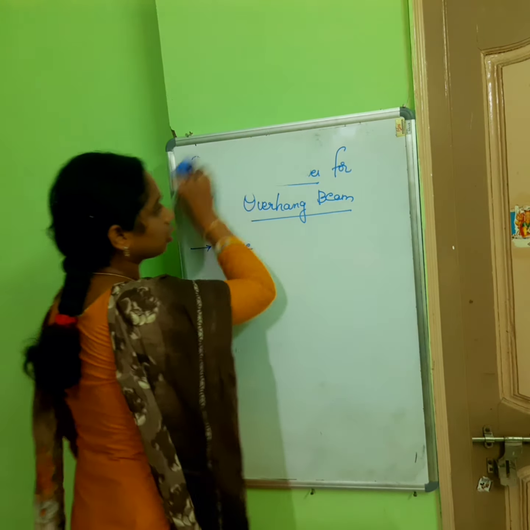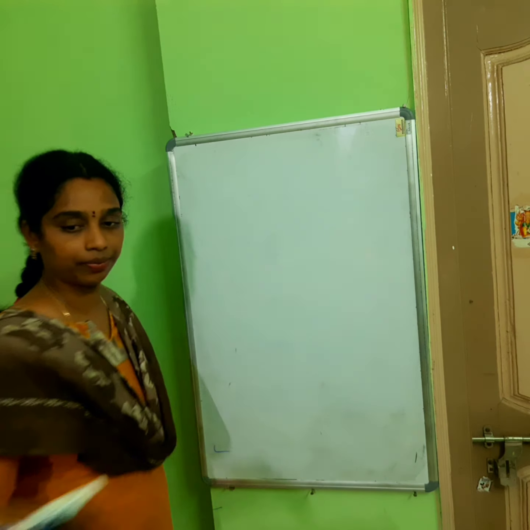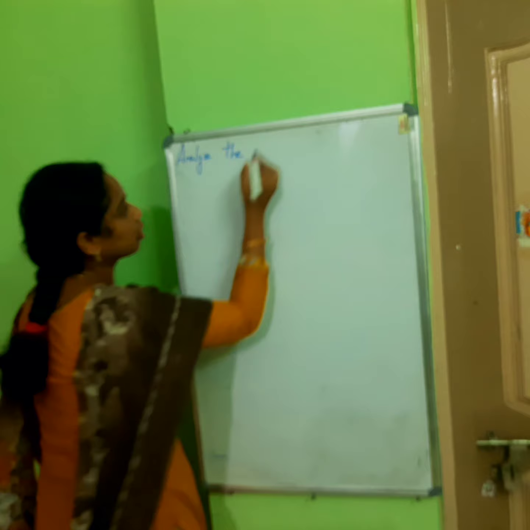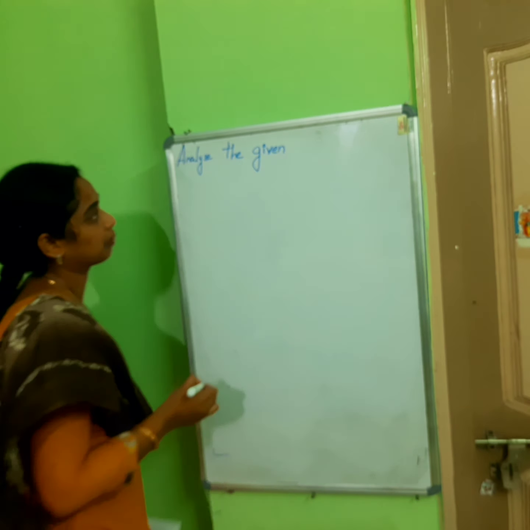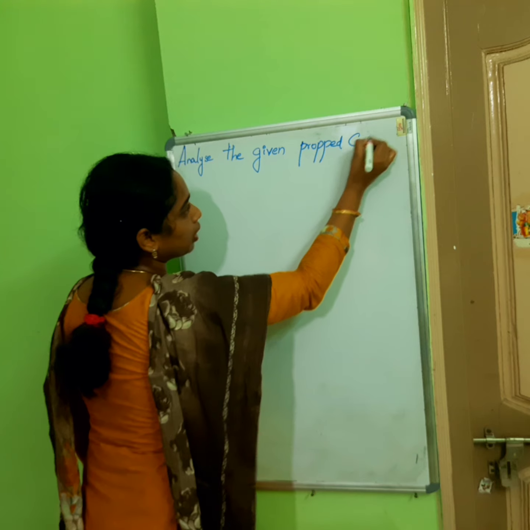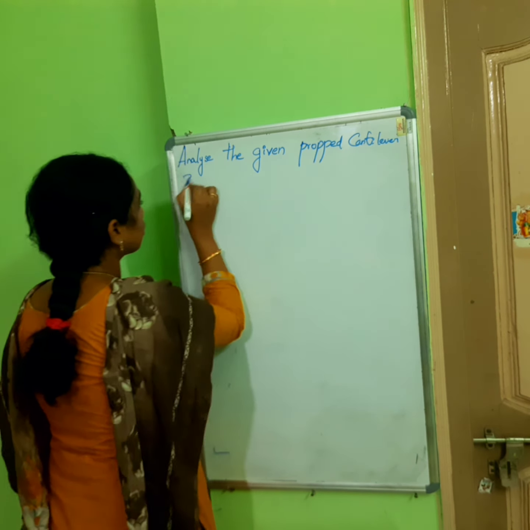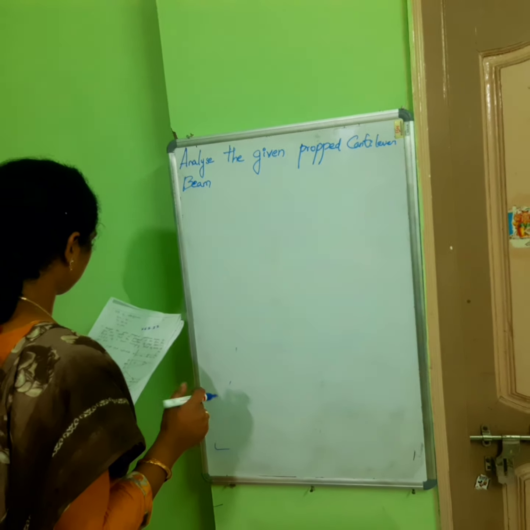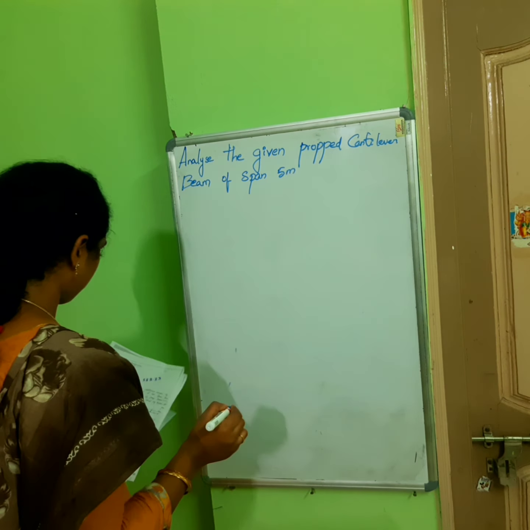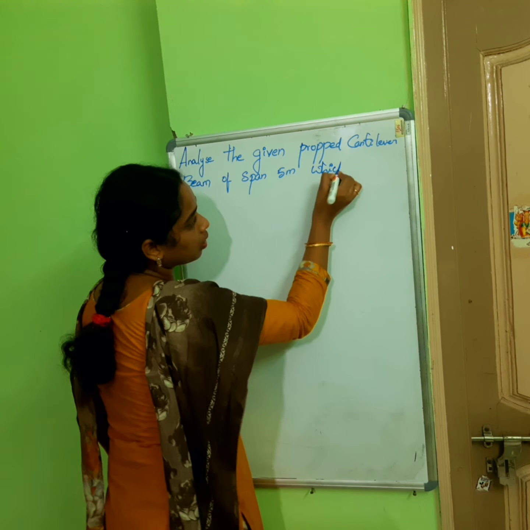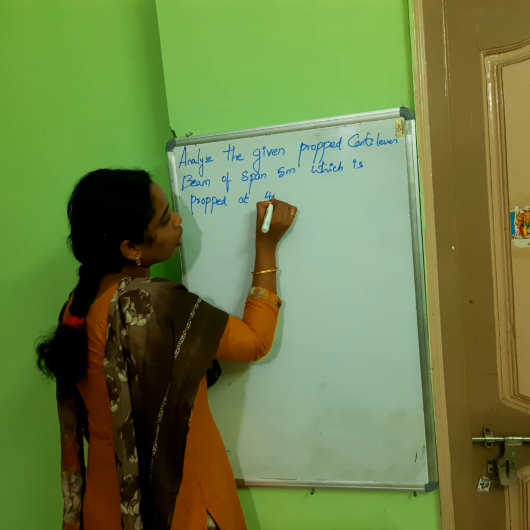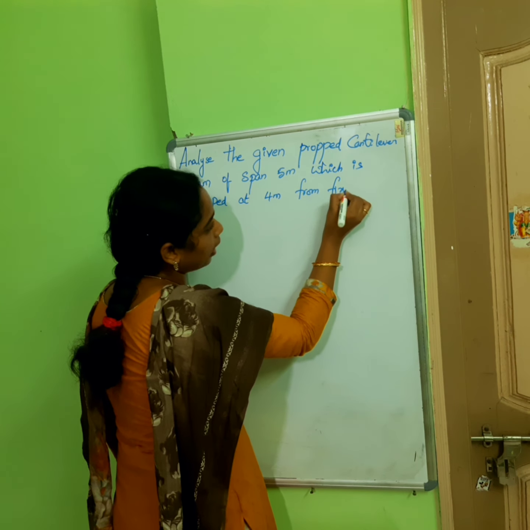The problem: analyze the given propped cantilever beam of span 5 meters, which is propped at 4 meters from the fixed end.